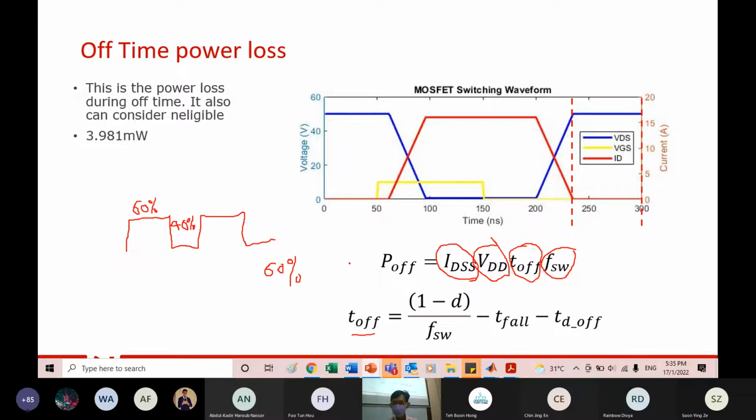So this is how we get the 1 minus D. You will get 0.4 here, divided by your switching frequencies minus your fall time and minus your turn off delay time.